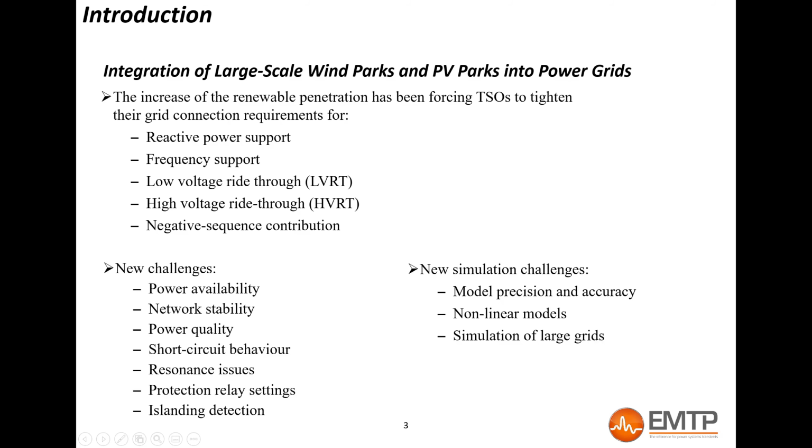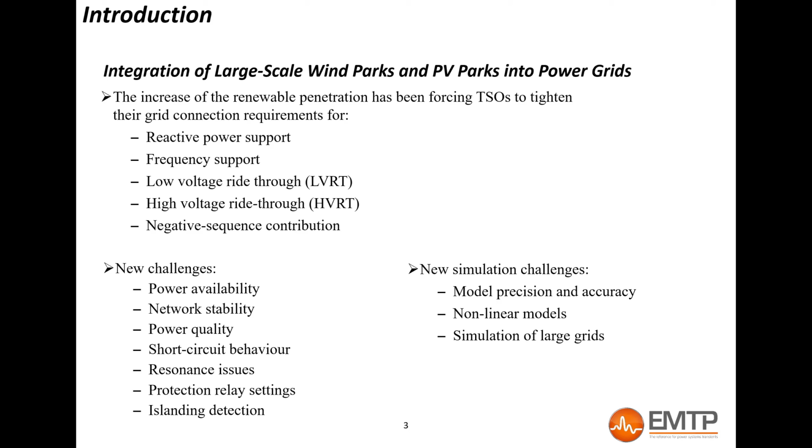Of course, with that came new challenges to operate the grid, but also simulation challenges, which have to be solved by a software company like EMTP. The first operating challenge is power availability, as sun and wind are not available at all times, but the loads need power at all times.